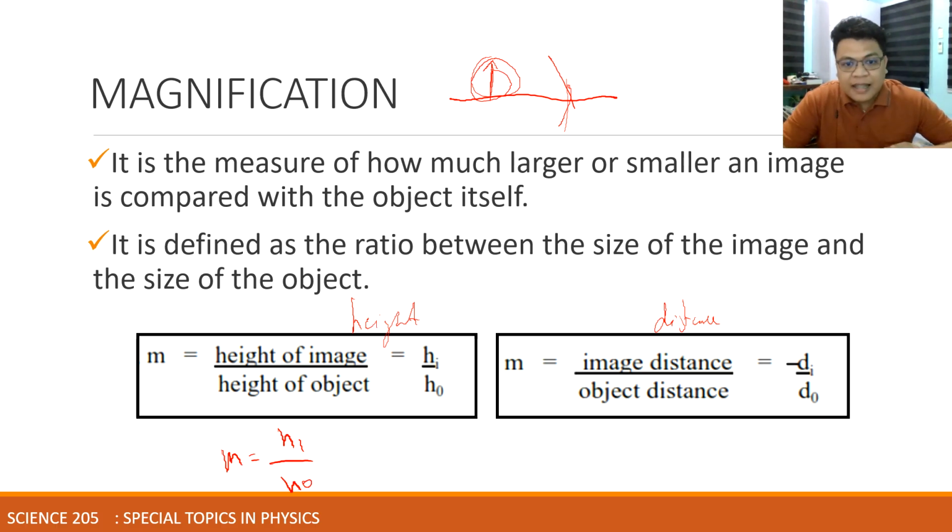While if it's distance, kapag this is naman po ang given sa word problem, you need to use magnification is equal to the negative di over do. Okay po ha? So it is negative.